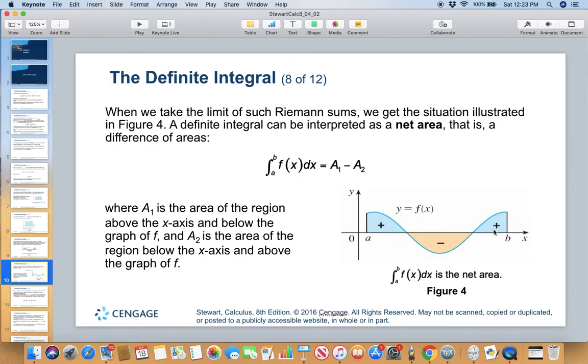So this plus this is A1. What is A2? A2 is the area of the region below the x-axis and above the graph. So this is my graph, and this is A2. So this area plus this area minus this area is the integral a to b f(x) dx.